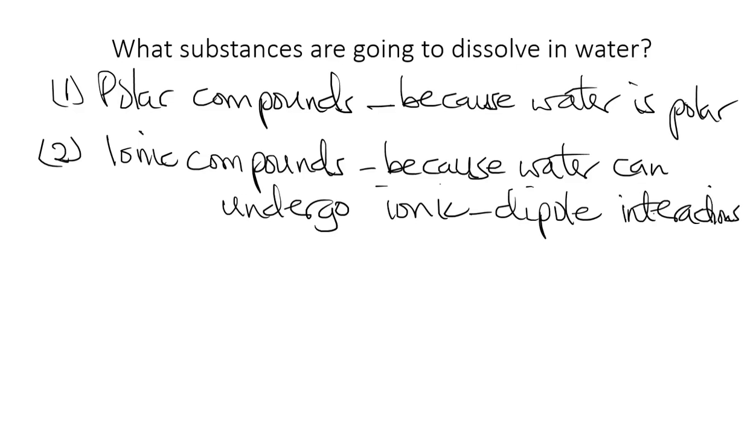So you look at a molecule and say, is this molecule polar? That molecule is likely to dissolve in water. You look at another compound and say, is this ionic? That compound is likely going to dissolve in water because water produces favorable conditions for dissolution.